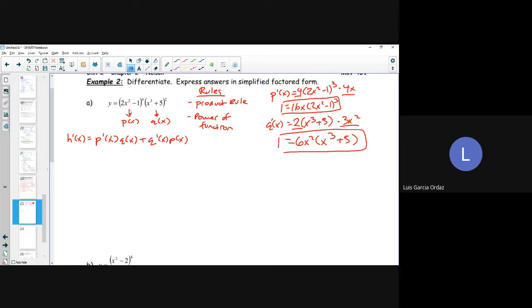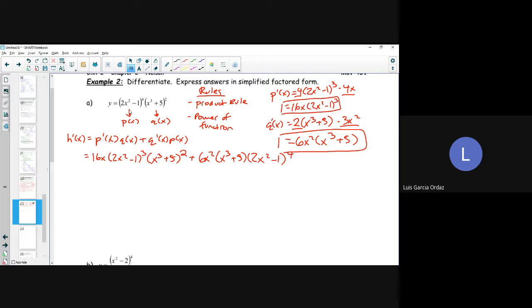So what we have here is 16x multiplied by (2x squared minus 1) to the power of 3, multiplied by q of x, which is (x to the 3 plus 5) all squared, plus my derivative of q of x, which is 6x squared times (x to the 3 plus 5), multiplied by (2x squared minus 1) to the power of 4.